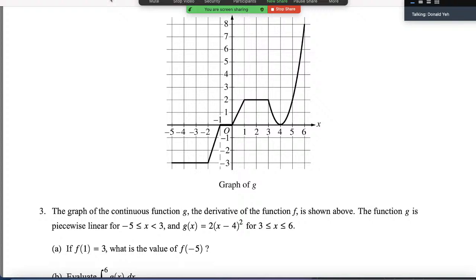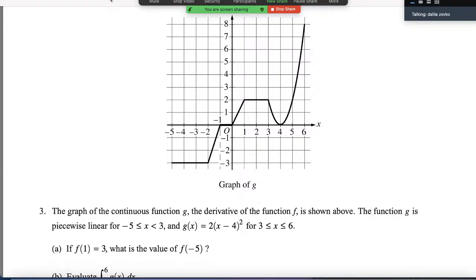Okay, so it will be negative 9 minus 3 over 2, and then plus 1. So it'll be 3 minus, this one is going to be negative 8, negative 9.5.